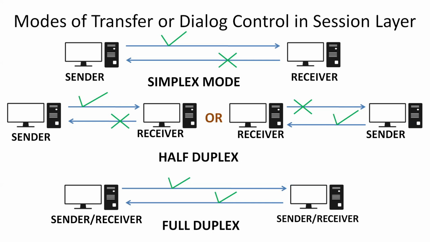First the sender sends the data, then the receiver responds, not at the same time. And in full duplex mode, we can send and receive data at the same time.